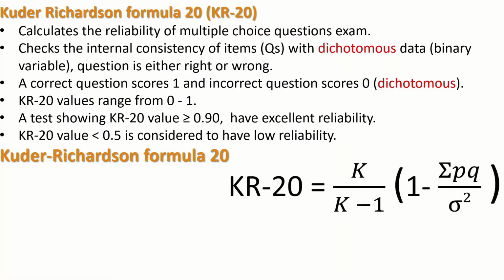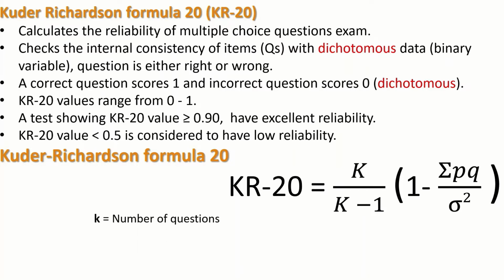Kuder-Richardson Formula 20 was published by Kuder and Richardson, and the KR20 is equal to K divided by K minus 1, multiplied by 1 minus the division of the summation of P multiplied by Q divided by the variance.